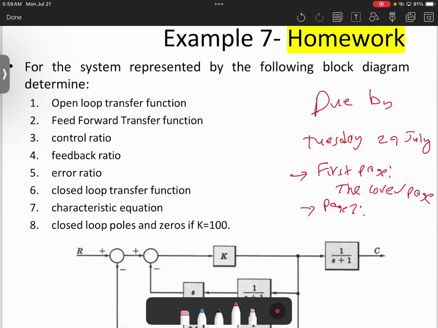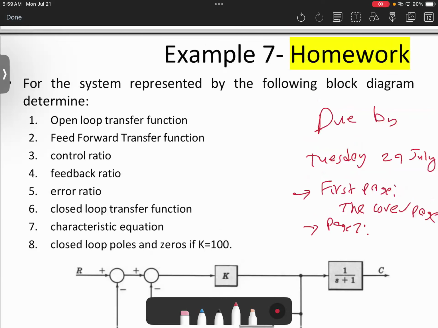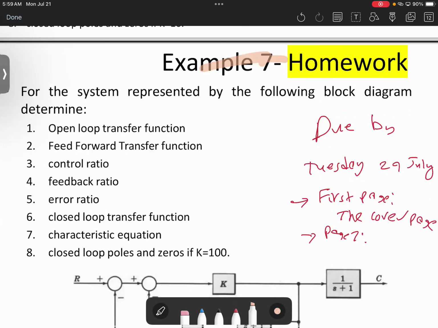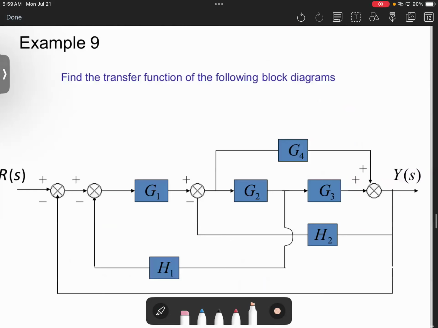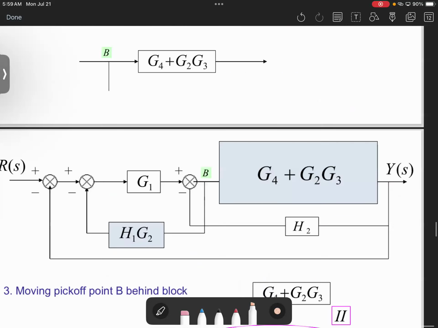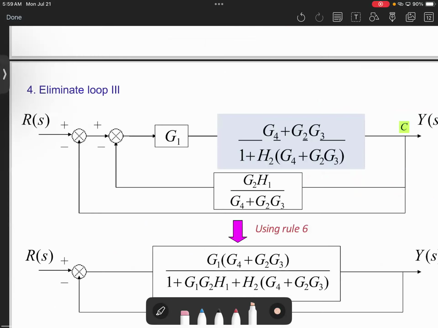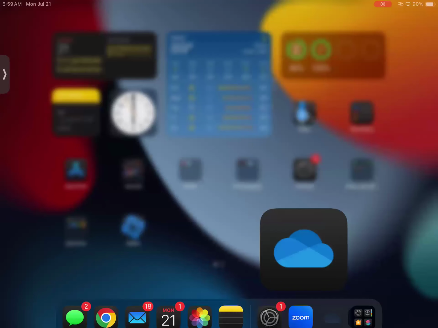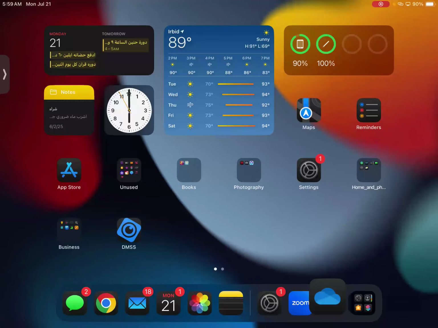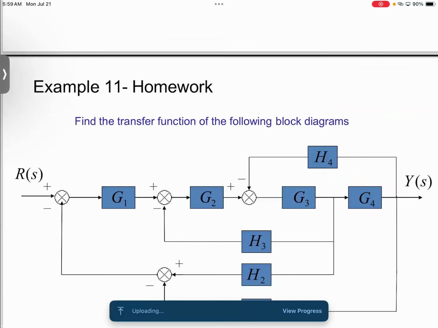And the homework will not only be example number 7. Let me show you the overall homework. It will be example number 7, and I think we will come back to it. It will also include example number 10, number 11, number 12.